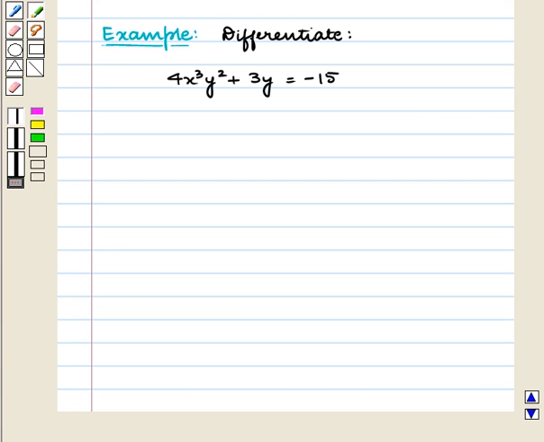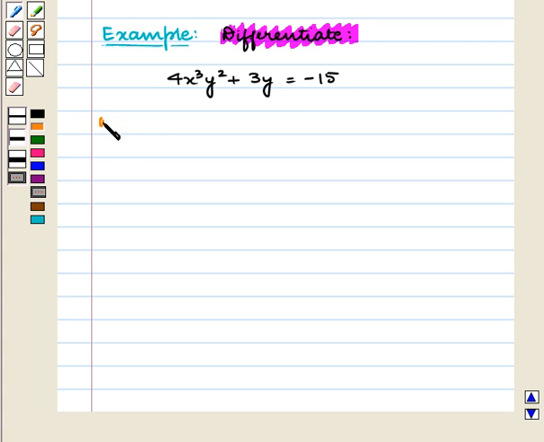Now consider the following example. Differentiate 4x cube y square plus 3y equal to minus 15. We use implicit differentiation to solve it.